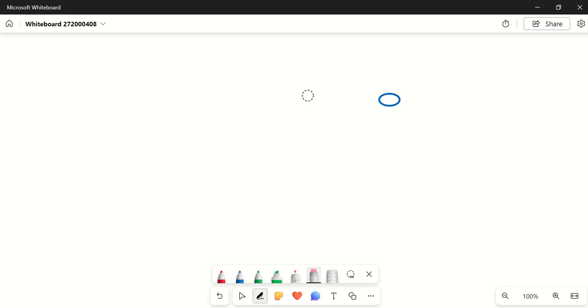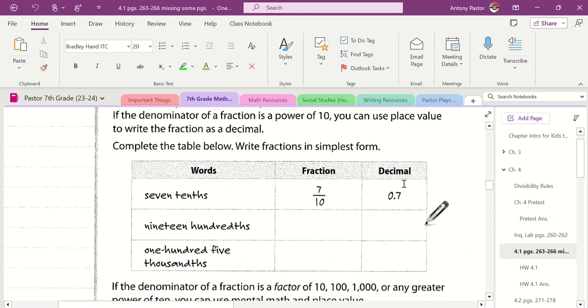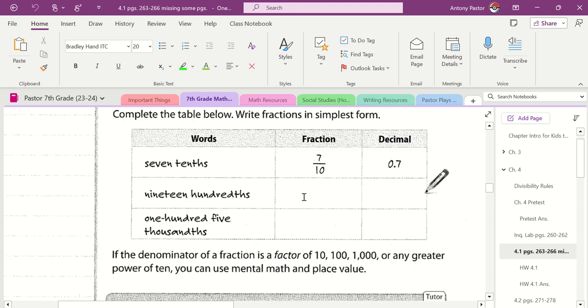So again, we're learning how to, or reviewing, I should say, how to turn fractions into decimals. If the denominator of a fraction is a factor of 10, 100, 1,000, or any greater power of 10, you can use mental math and place value. What we just did is only when you have tens, hundreds, thousands, 10,000, and so on, as the denominator.